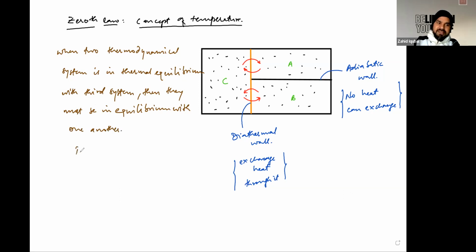It means if the temperature of A becomes equal to C, that is thermal equilibrium, and the temperature of B becomes equal to C, then we can say A and B also will be in thermal equilibrium with one another.